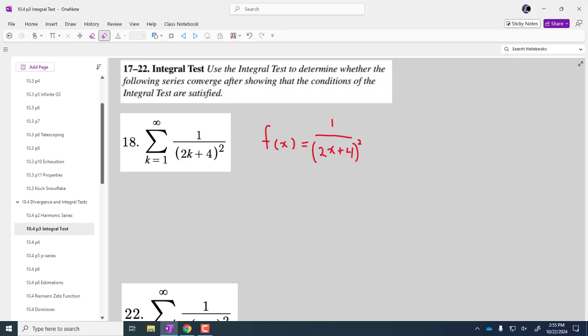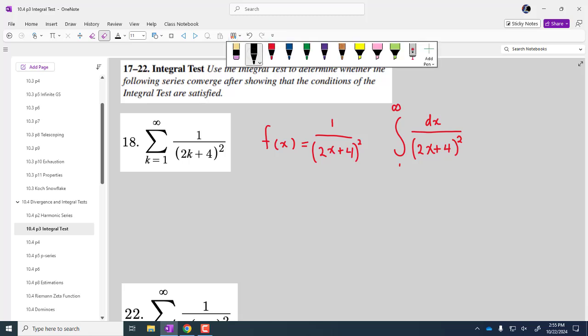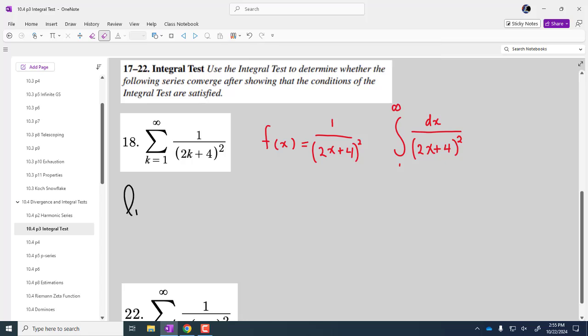So all we have to do is take a look at this integral. If we integrate that function from 1 to infinity, then this integral and that series do the same thing. Both will converge or both will diverge. So the first word that we always write down when we're dealing with an improper integral? Limit. First thing we do, write down limit.